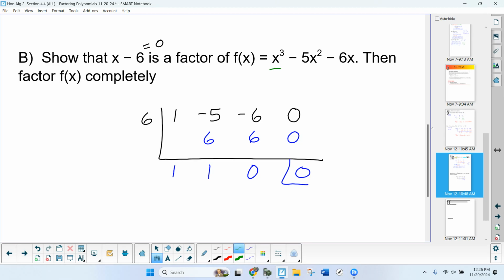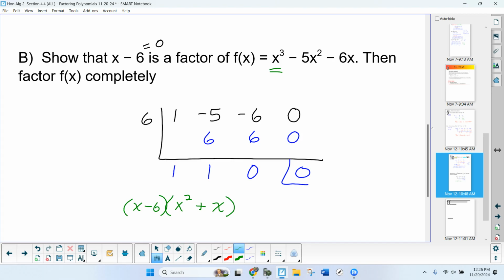You started with x to the third, so your answer would be x squared plus x. What was the factor that you have to multiply this by? x minus 6. Because again, if it's a factor, that means that number times that expression times the expression you factored by multiply together to give you f of x.